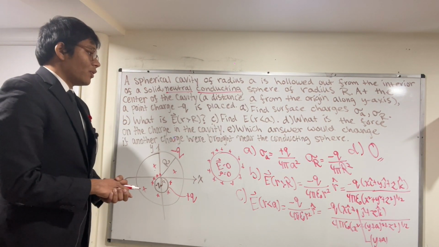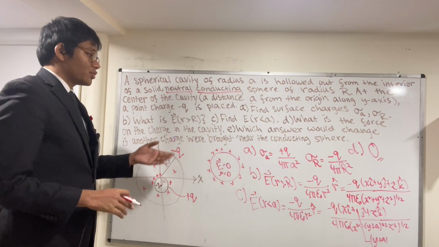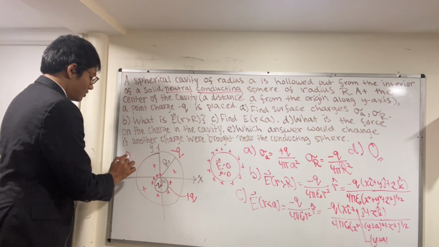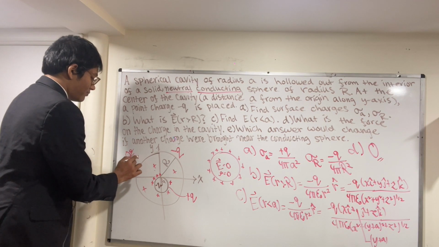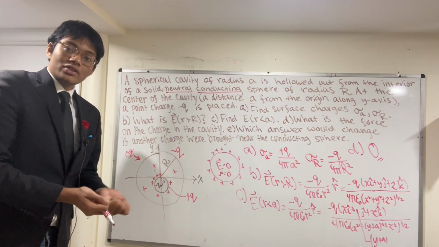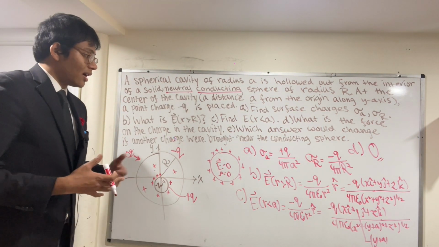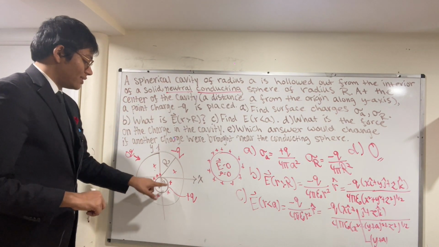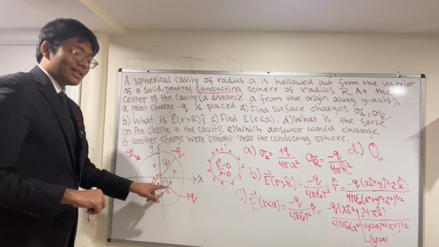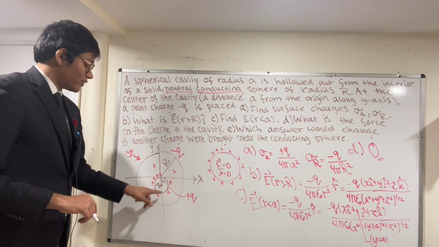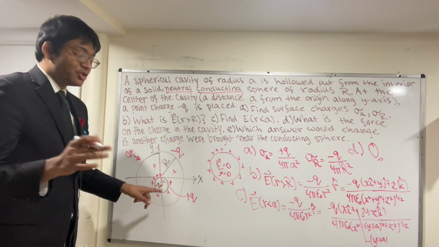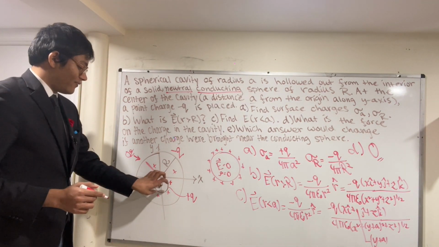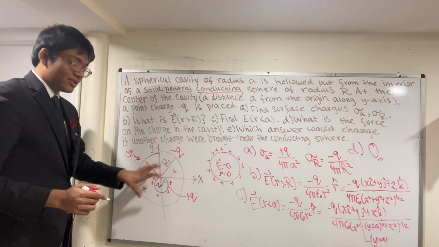Finally, part E, which answer would change if another charge was brought near the conducting sphere? If another charge were brought near the conducting sphere, let's say a charge q prime, then you can imagine that the surface charge density on the outer conducting sphere would change, but the surface charge density on the inside, on the surface of the cavity, would not change, because there's a total disconnect between the cavity surface and the conducting sphere surface.